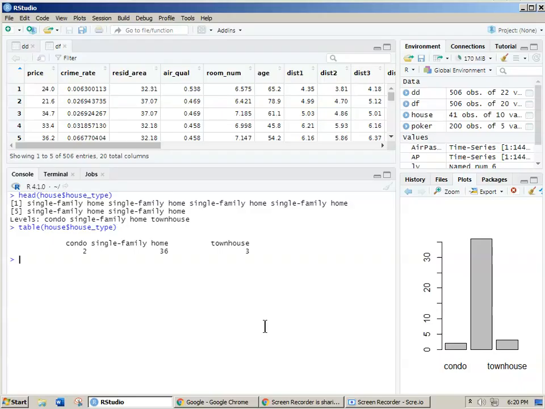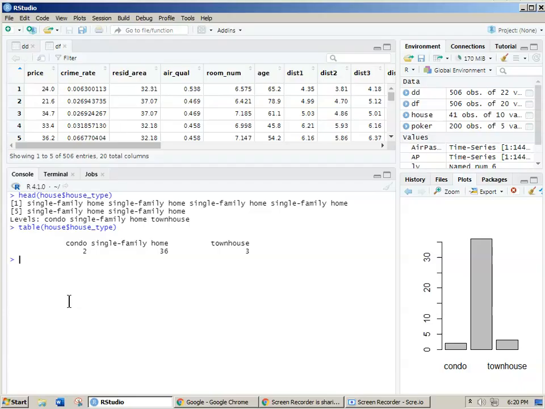Why did we have a bar plot over here? Okay. I didn't ask for this. I did this in the last session I was in. So just ignore this. We'll do it in a minute. So we have 2 condos, 36 single family style homes, and 3 townhouses. So if you're into real estate, you know what this stuff means. All right. What else can we do? So these are our proportions.